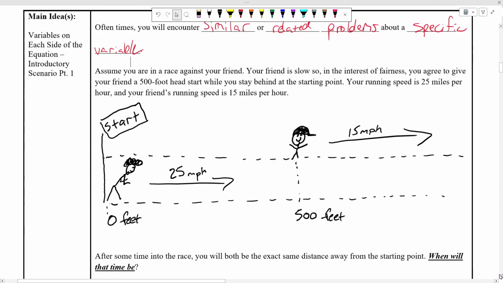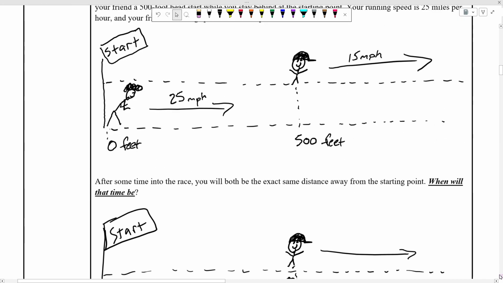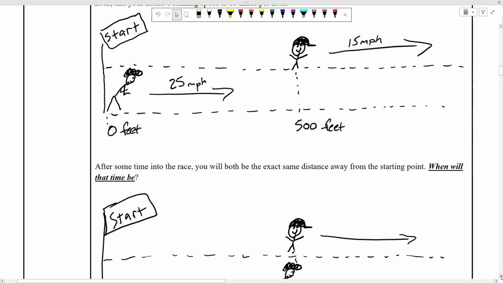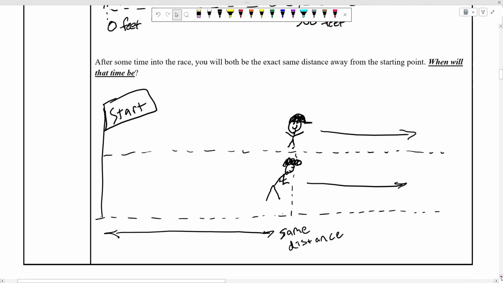And so the question becomes, after some time, you both will be the exact same distance away from the starting point. As I said, you will pass up your friend here. So the question we need to understand is when? When will we pass him up?